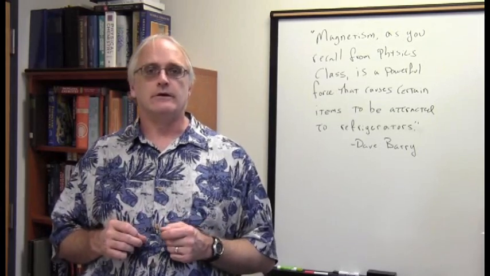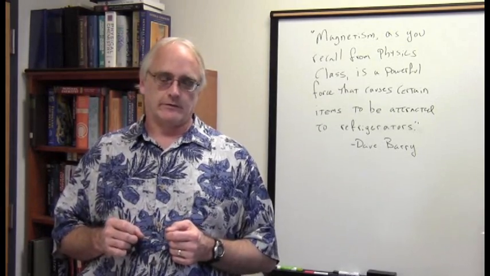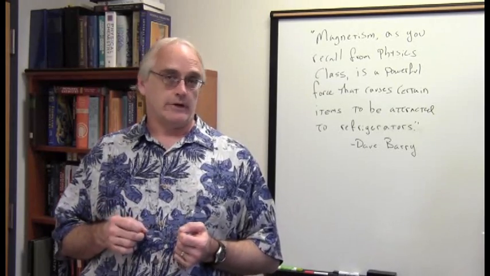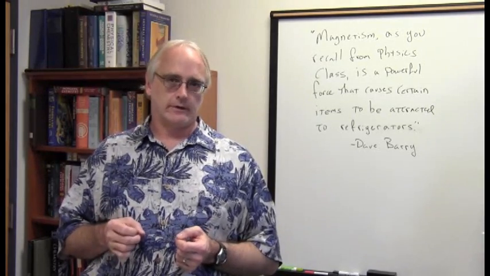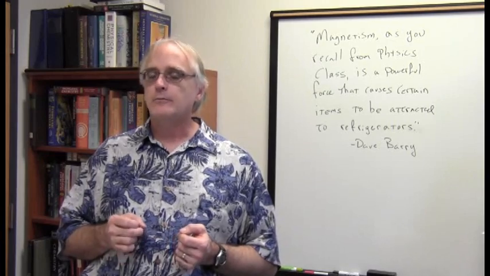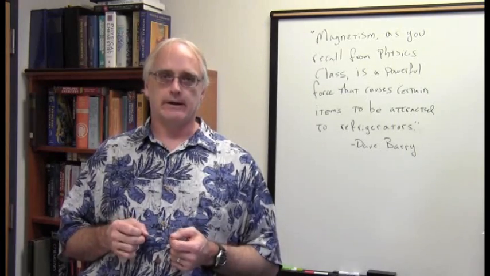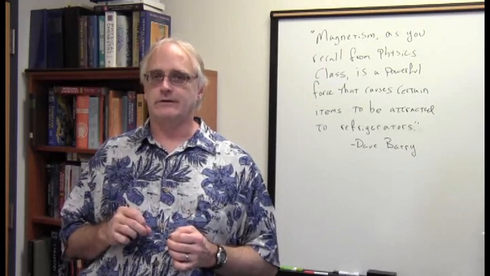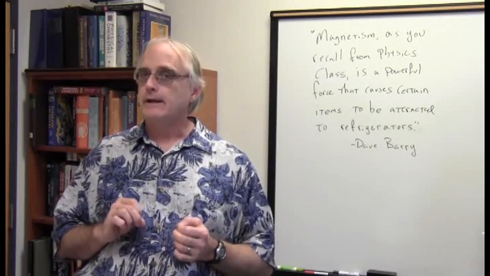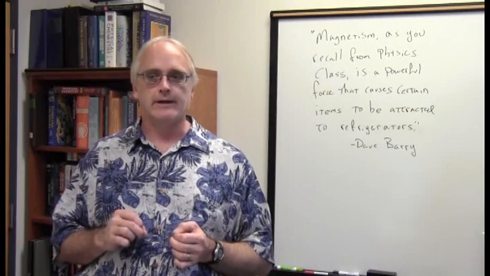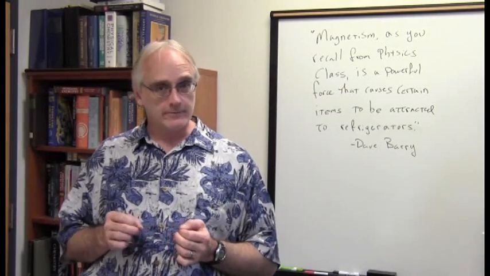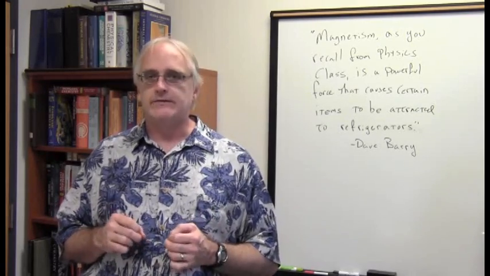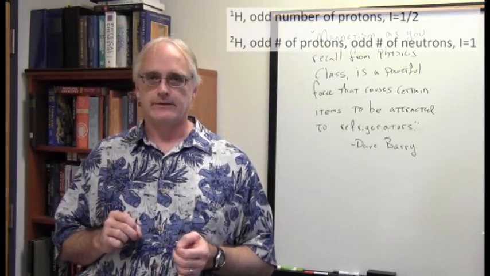The most common nucleus we study in NMR spectroscopy is the nucleus of the hydrogen atom. Odd number of protons, just 1. No neutrons at all, so it is an unpaired proton there. It is a magnetic nucleus. It's kind of interesting to realize that every hydrogen in every molecule we ever study is magnetic. It is generating a magnetic field. It's a weak magnetic field, but we can detect it and we can make use of it. It is a spin 1/2 nucleus.